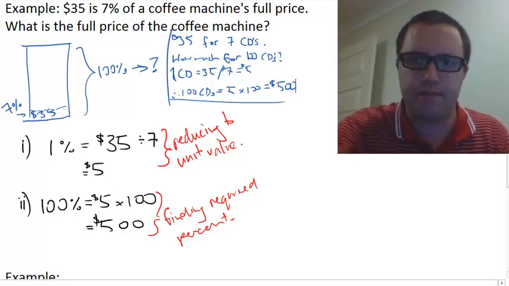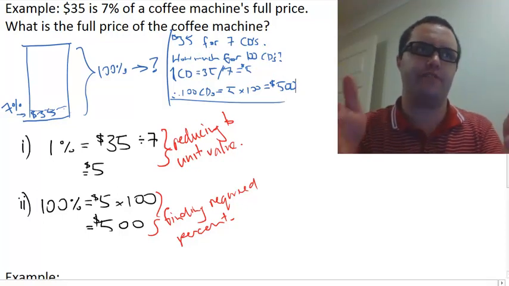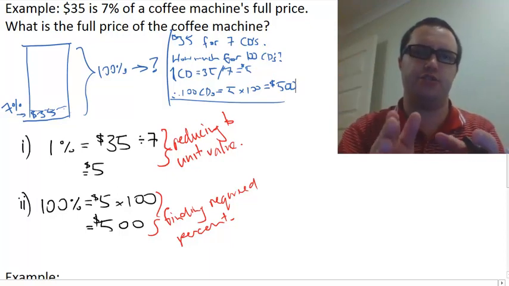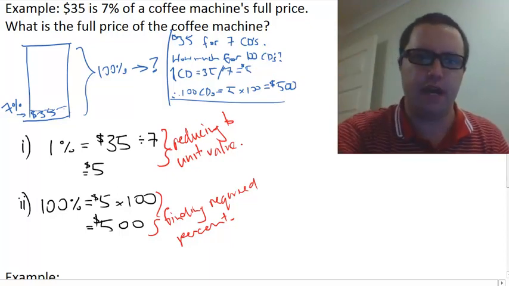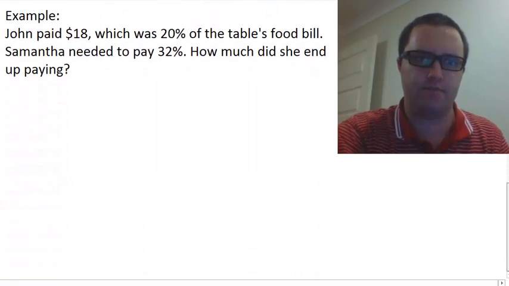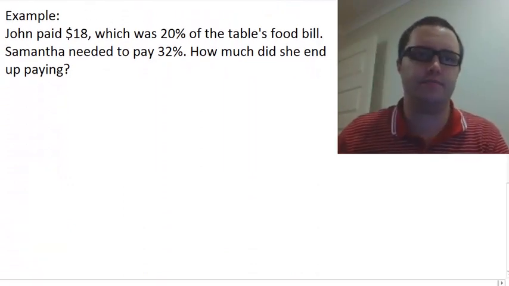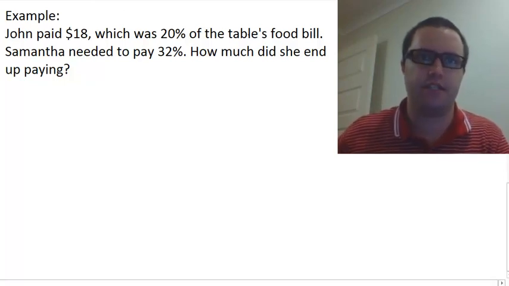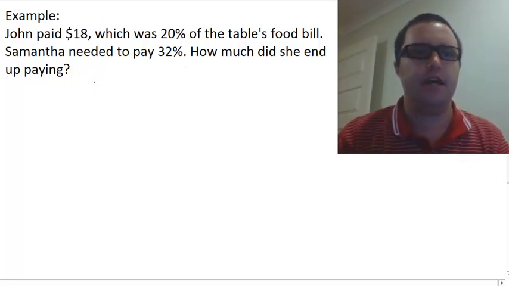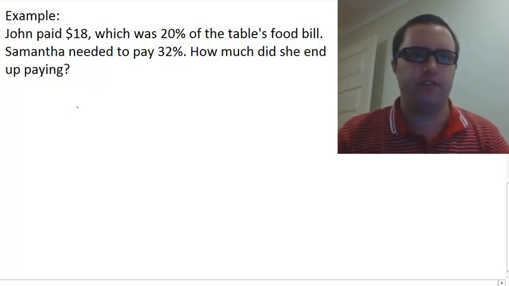Okay, right, another example, because we're not always going to be going from a certain percentage to 100%. We may need to go to an intermediate amount of percent. So, example, John paid $18, which was 20% of the table's food bill, and Samantha needed to pay 32%. How much did she end up paying? Okay, so we're going to use the unitary method for this one.